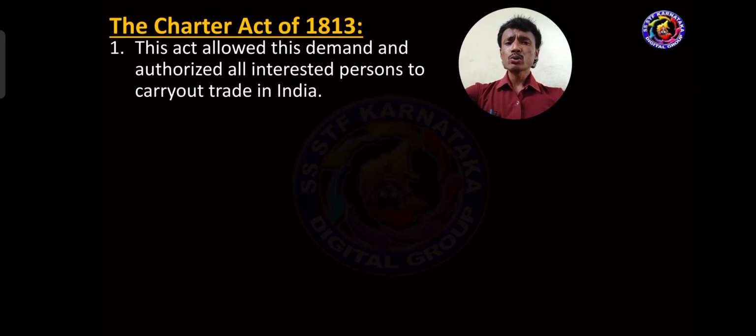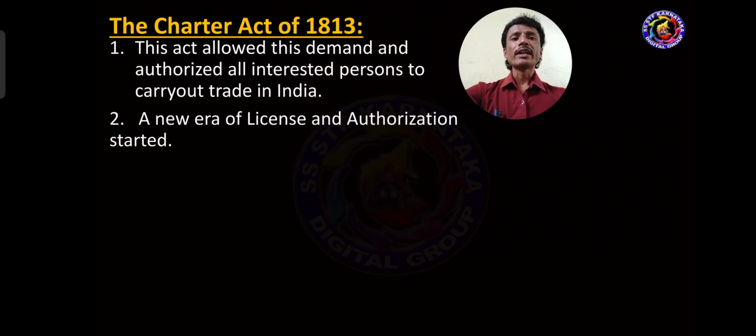Those who are interested have to carry out the trade throughout the Indian country under the agreement. So the Charter Act of 1813 authorized all interested persons to carry out trade throughout the Indian country.